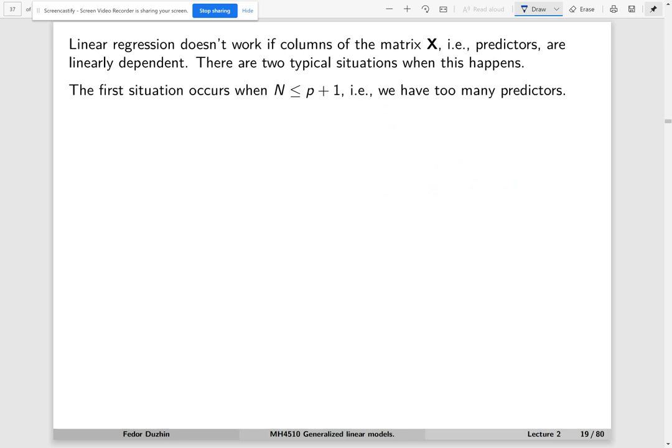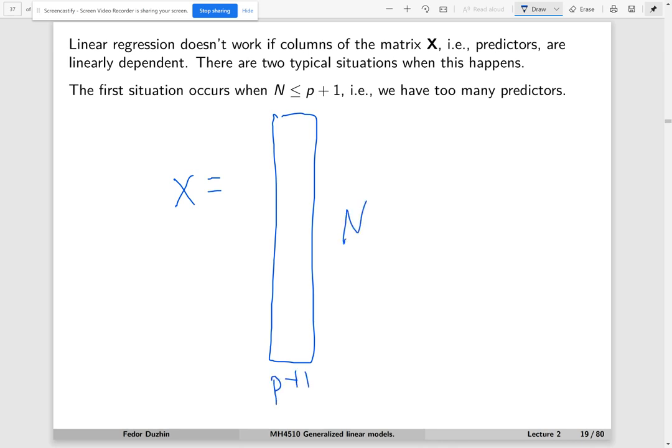So now, if you think a little bit about it, this matrix X is filled with random numbers, and usually random numbers do not happen to be linearly dependent. So there are two typical situations when this occurs in practice. One is if we have too many predictors, right? So originally X is supposed to be a very, very tall and very narrow matrix, n by p plus 1.